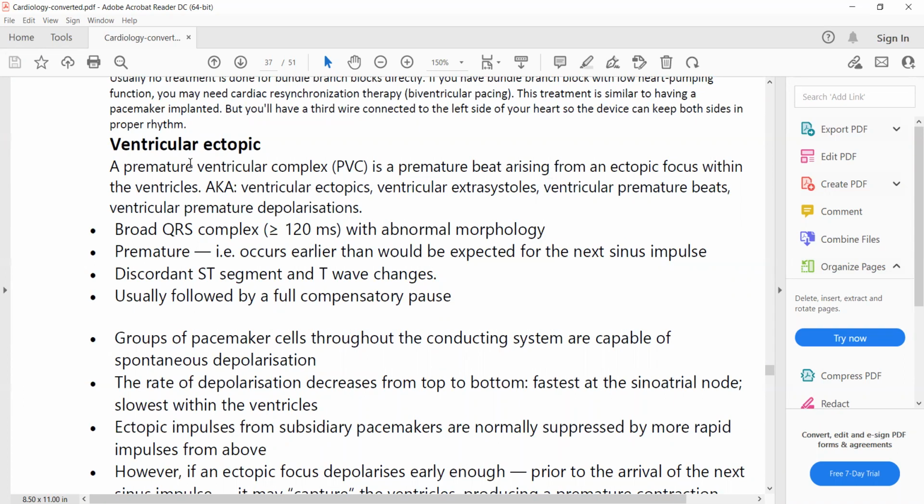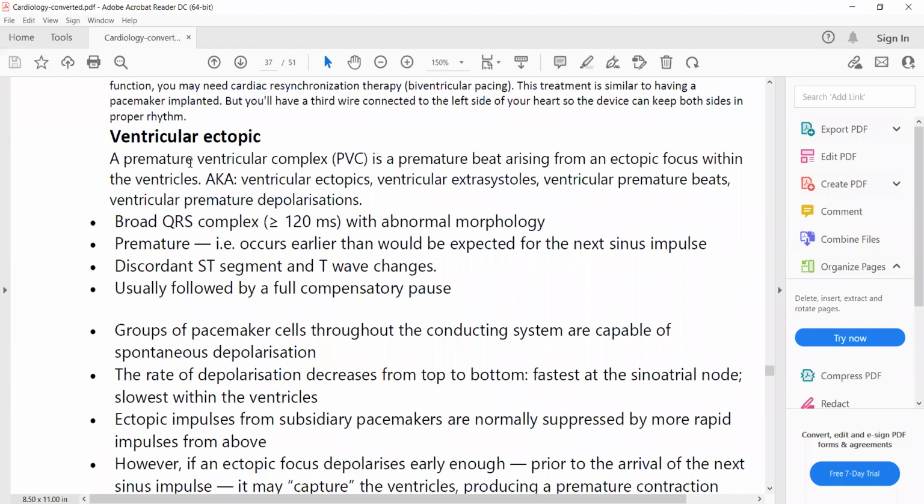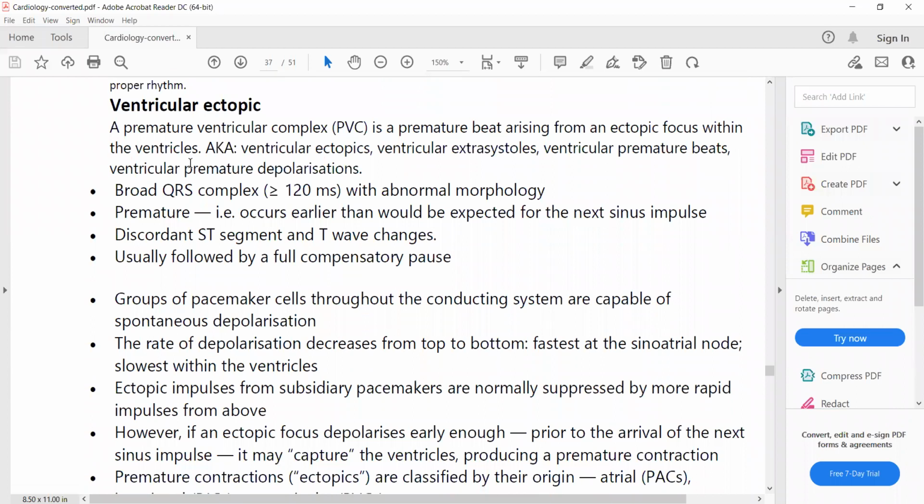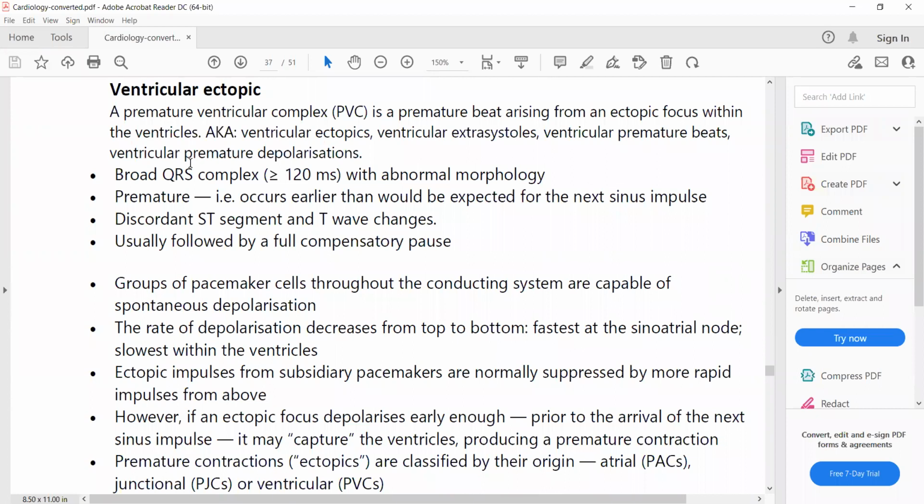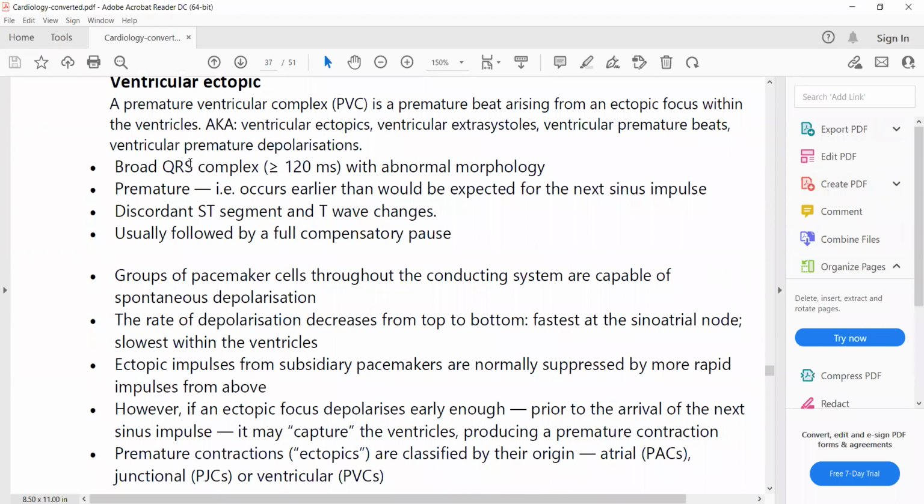So now we will discuss how to identify premature ventricular contraction, extrasystoles, or ventricular ectopic on ECG. Remember 2 or 3 points to identify premature ventricular contraction on ECG.